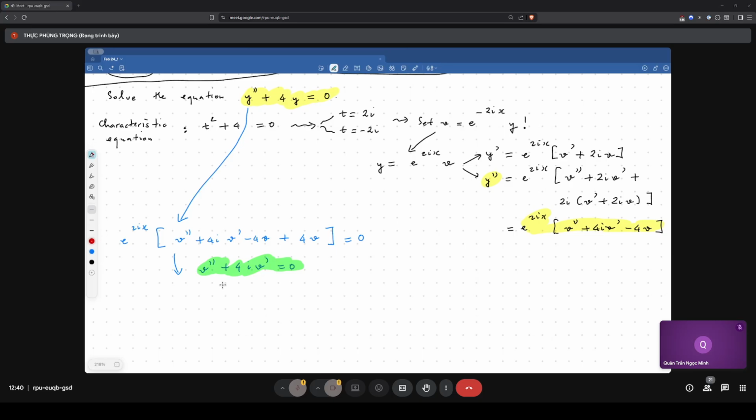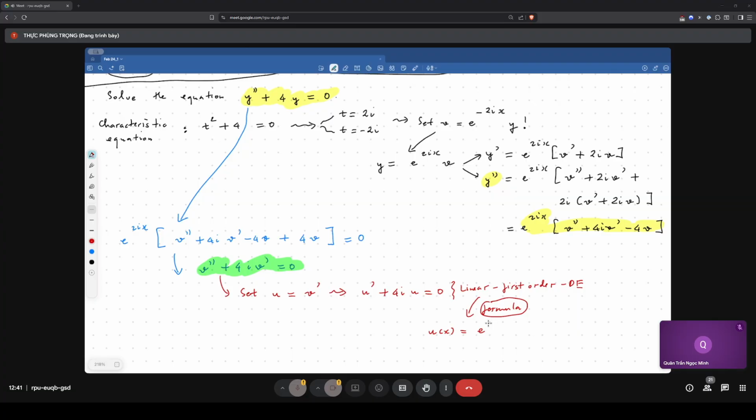So now you just set, this is example 1, right? You set u equal to v prime, then this is u prime plus 4i u equals 0. And now this is just a linear first order equation. Right? Just apply the formula. Apply the formula, you get u right away.